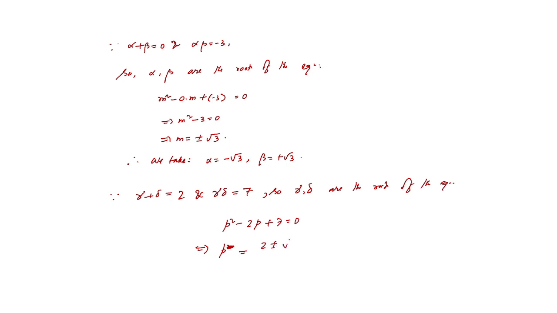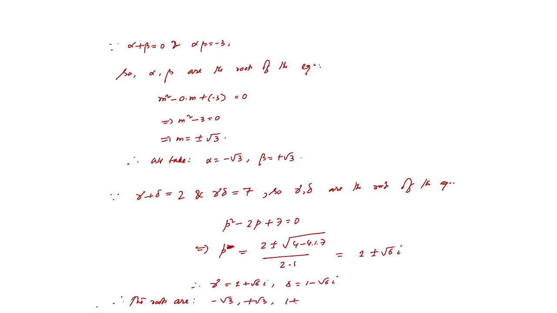That is 2 plus minus root of b square minus 4ac by 2a, and that value will be 1 plus minus root 6i. So we consider gamma equals 1 plus root 6i and delta equals 1 minus root 6i. So we solved the equation, therefore the roots are minus root 3, plus root 3, 1 plus root 6i and 1 minus root 6i. So our answer is done.